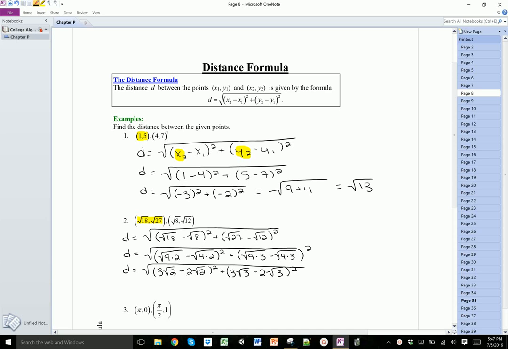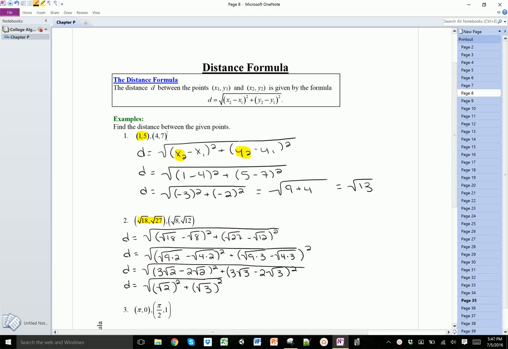Now, since these have the same radicand, they have like radicals, we can go ahead and simplify them by combining them. So the 3 square root of 2's minus 2 square root of 2's would be 1 square root of 2. Then I need to square it. 3 square root of 3's minus 2 square root of 3's is just 1 square root of 3.